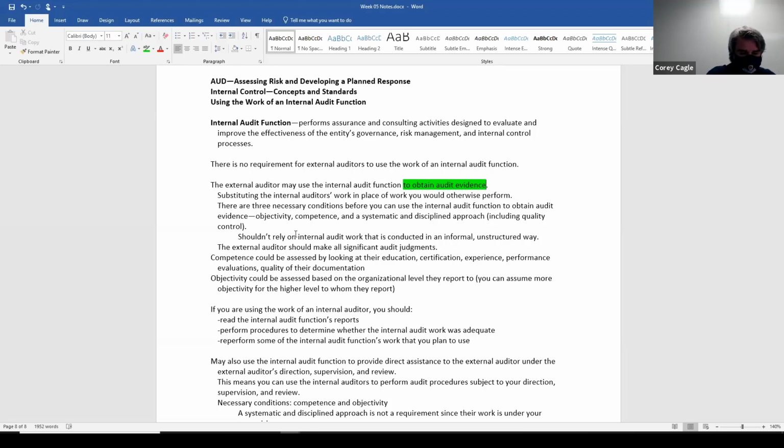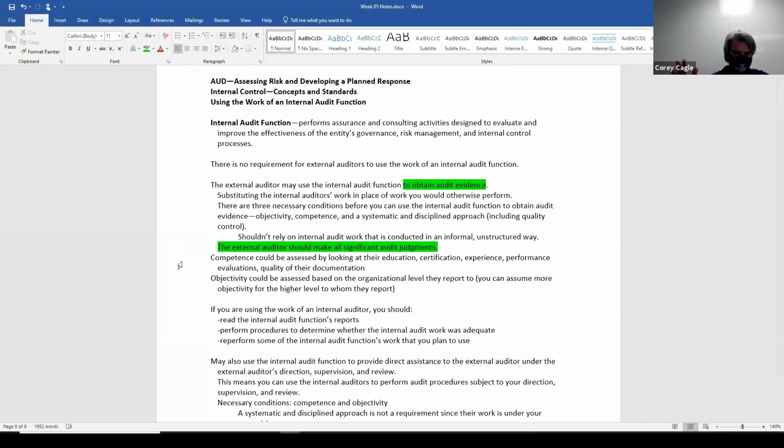So we wouldn't have them assess things like materiality. We wouldn't have them deal with accounting estimates or anything like that. And definitely no shared responsibility regarding the audit report, right? So we need to make all significant audit judgments. In a nutshell, we can use some of their stuff a little bit.